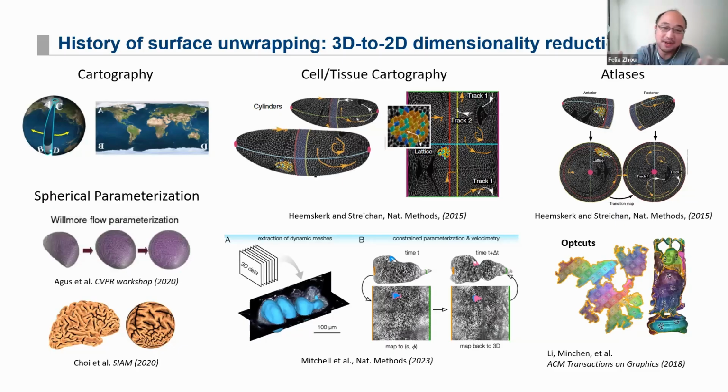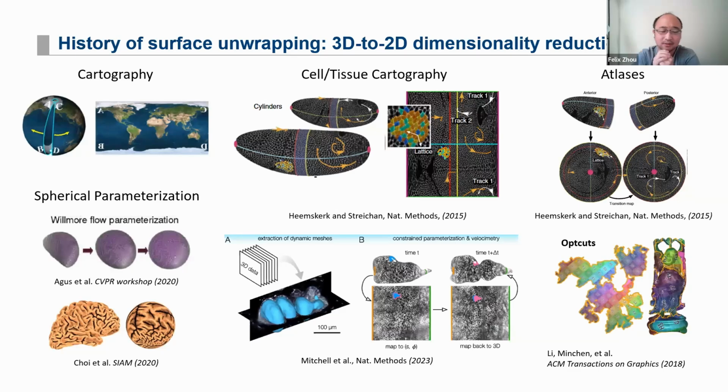You unroll the map into different projections so that you can better extract distances and for visualization. And people have done this also, notably in developmental biology, where you take the embryo and unwrap it, and then you can track the tissue flows and cell movement in these unwrapped versions.